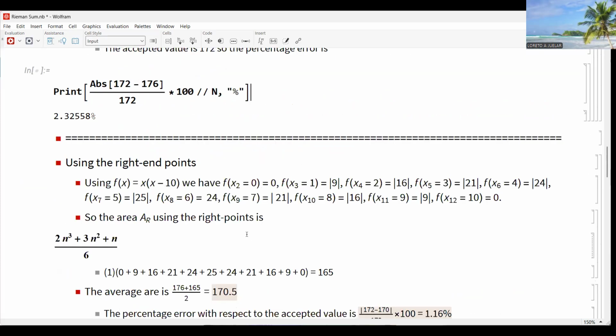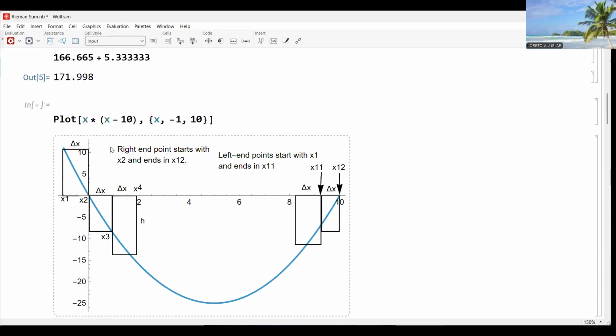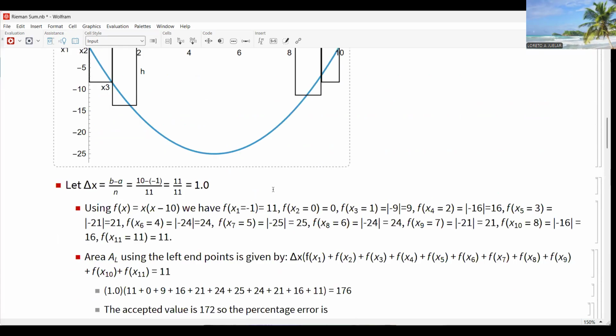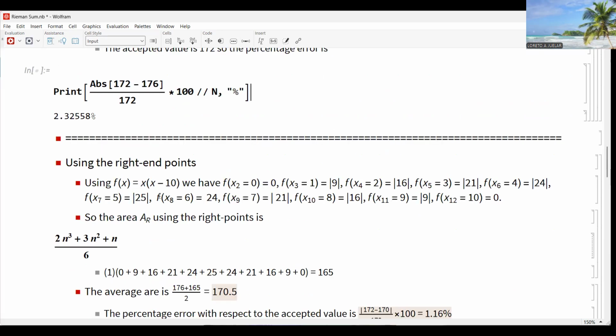Now using the right endpoints. So using the right endpoints here, start with x sub 2 and end in x sub 12. So start with x sub 2 here. So x sub 2, x sub 3, x sub 4 equal to 2, x sub 5 equal to 3, x sub 6 equal to 4.